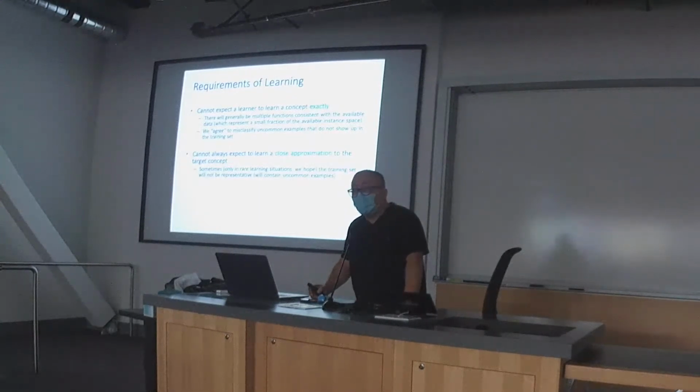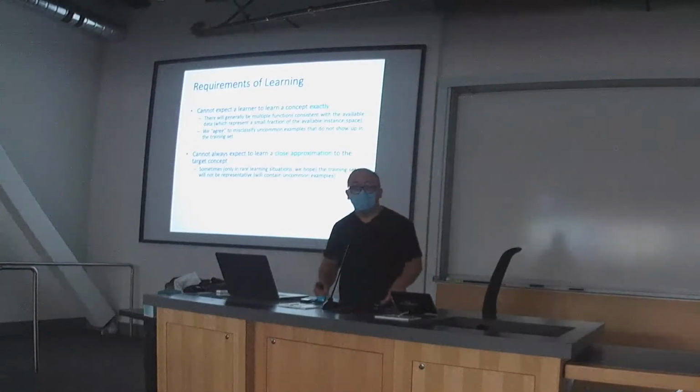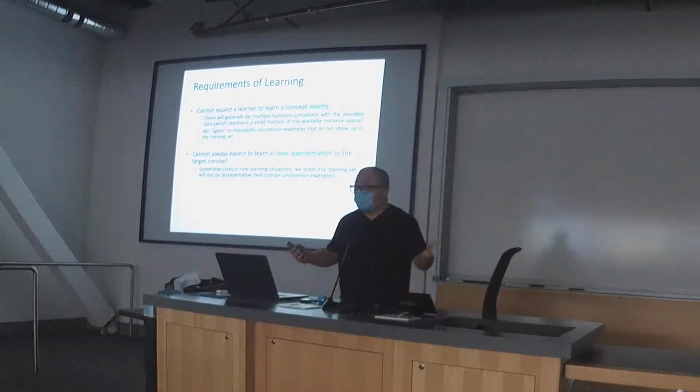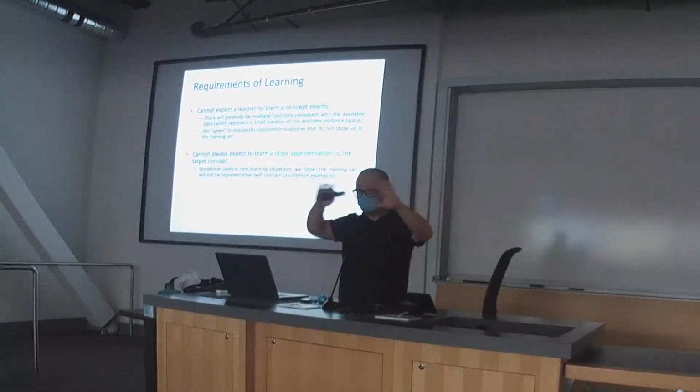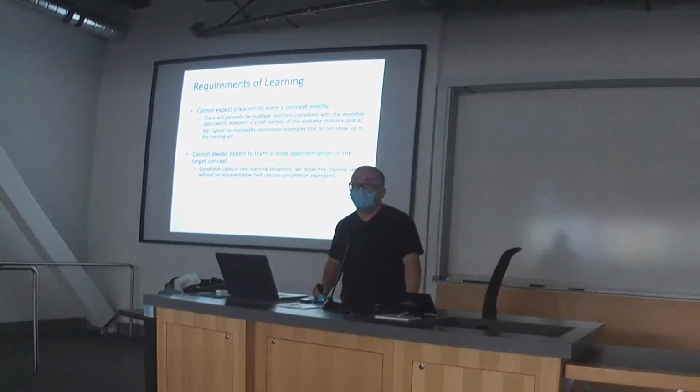Because the quality of your learned function or hypothesis also depends on data quality. Remember, your data is collected from some unknown distribution. The data is essentially a random variable. In one training process, you might have collected data of good quality, covering the instance space in a good way, and then you can expect your learned hypothesis to be a good approximation.